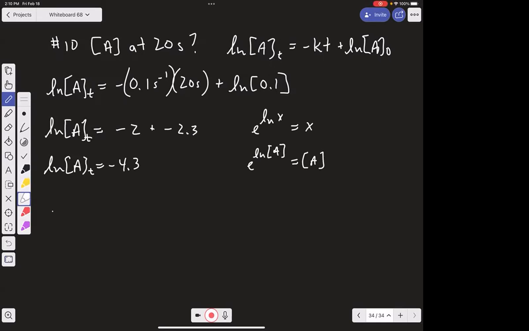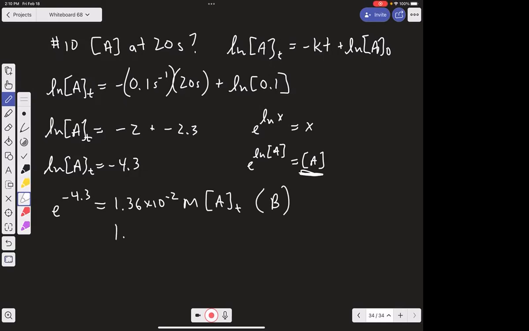So e to the -4.3 is going to equal that unknown concentration at 20 seconds into the reaction. I do that and I get a concentration of about 1.36 times 10 to the -2 molar for the concentration of A, which looks to be pretty close to choice B.